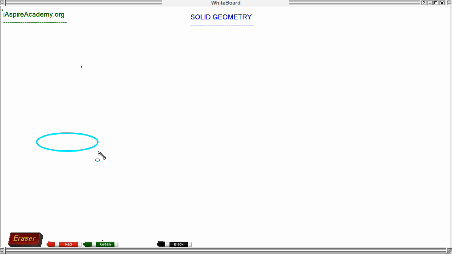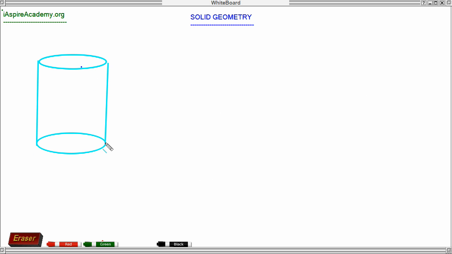So let's draw a cylinder first. This is our base of the cylinder, and we have the top part of the cylinder also. And let's draw the lines. So this is our cylinder.